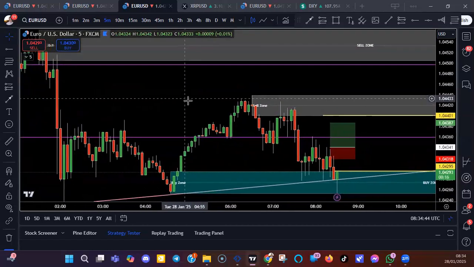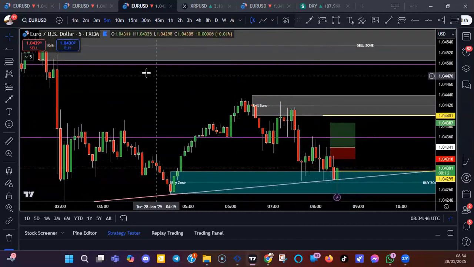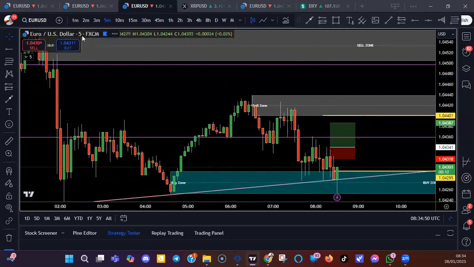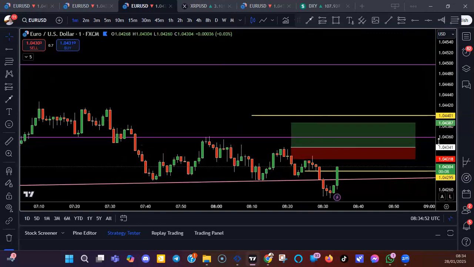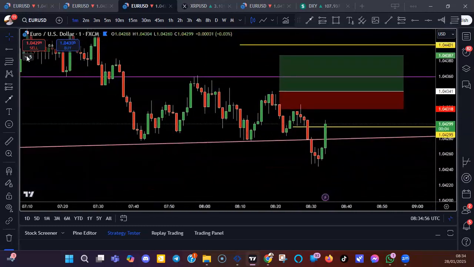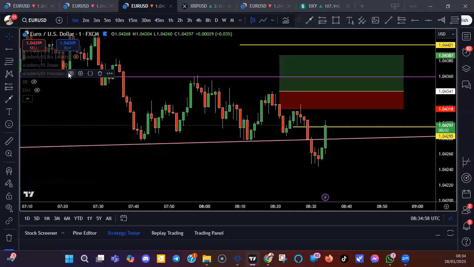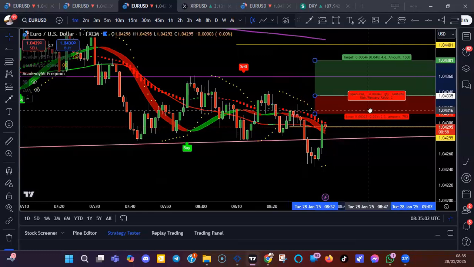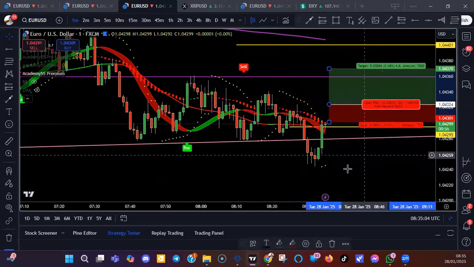So they might have the option to fill that up and then come back down. But anyway, put my indicators back on. This is the scenario we want to see.